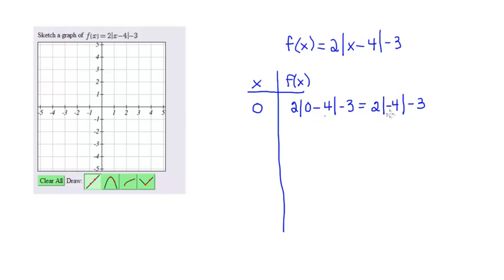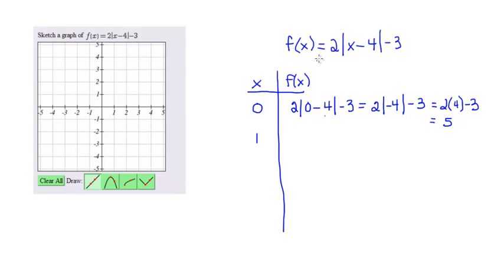And recalling knowledge, absolute value of any number is its positive value. So 2 times the absolute value of negative 4 is actually the same thing as 2 times positive 4 minus 3. Or in other words, 8 minus 3, which is just 5. That means for this particular function, we have a point 0, 5.